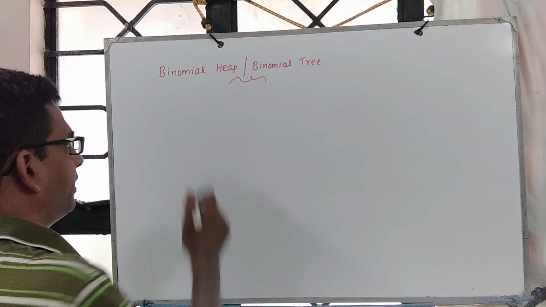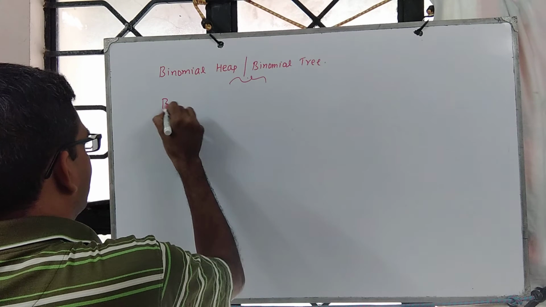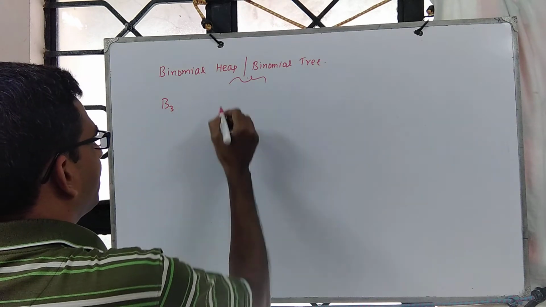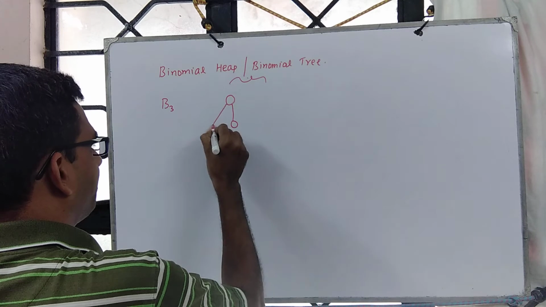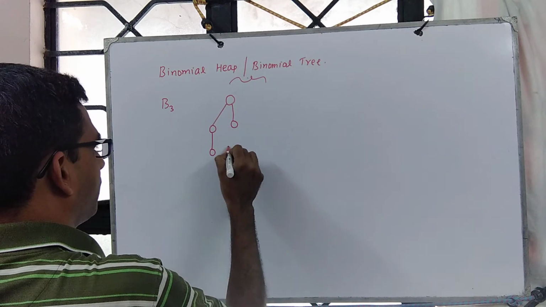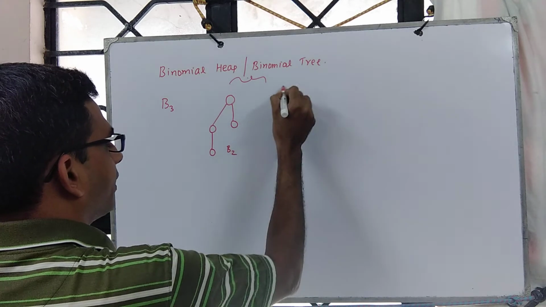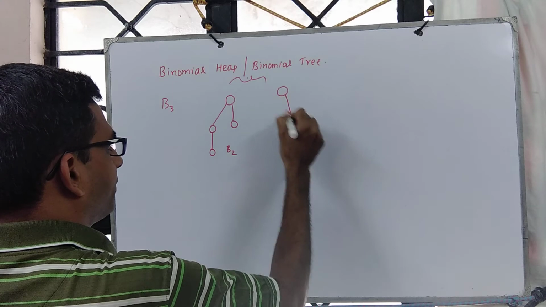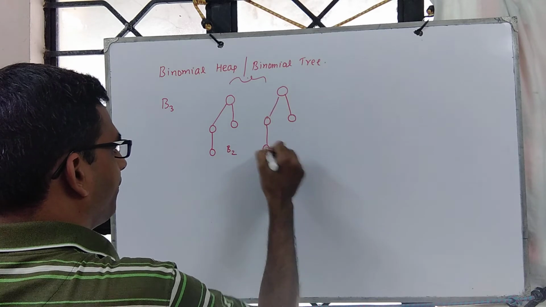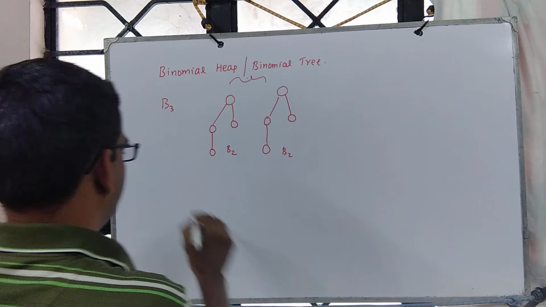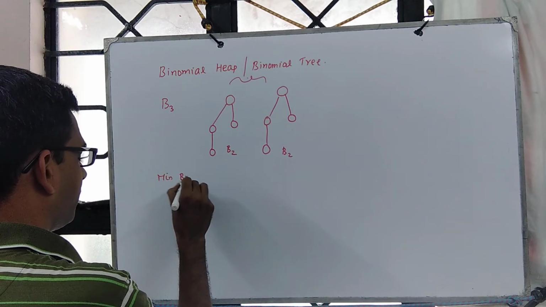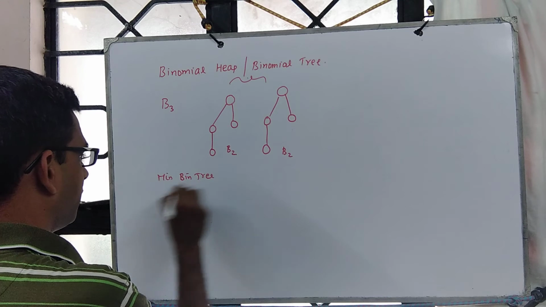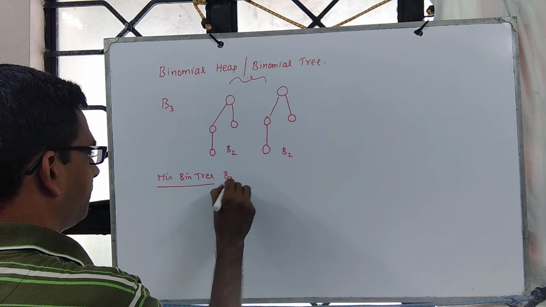Along this line, suppose we want to construct B3, so we take two copies of B2. This is a copy of B2 and this is another copy of B2. Let's assume we are interested in constructing a minimum binomial tree, say B3.